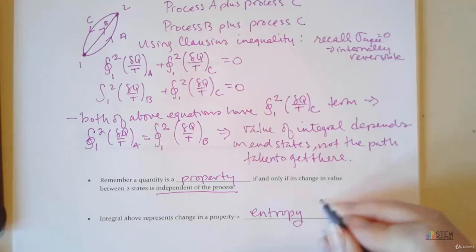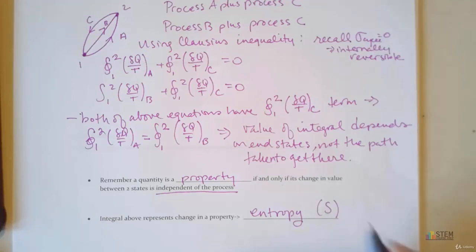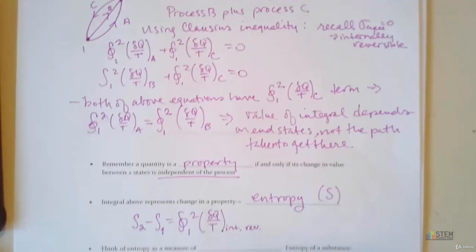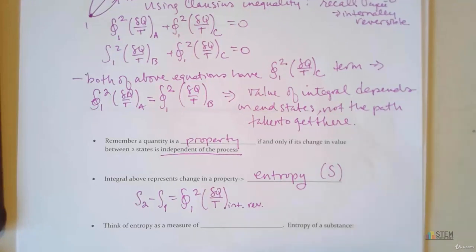And our symbol for entropy is going to be S, so capital S. Now, if we want to write it out, basically we're saying the entropy of state 2 minus the entropy of state 1 equals the integral of delta Q over T, and this has to be for an internally reversible cycle, which is what we had. All right, so this is change in entropy. So change in entropy is equal to this integral here. Okay.